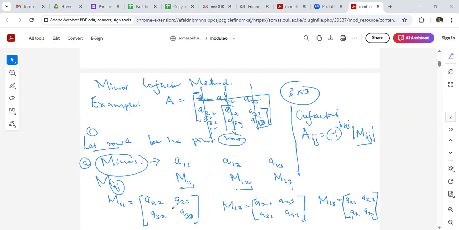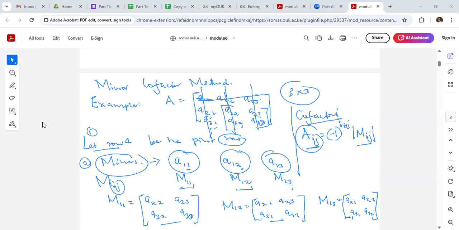So for each of the entries in the pivot row, we'll have the corresponding cofactors. So first of all, find the minors, then the next step, find the cofactors.